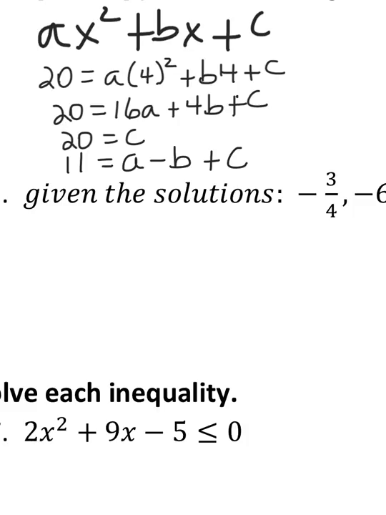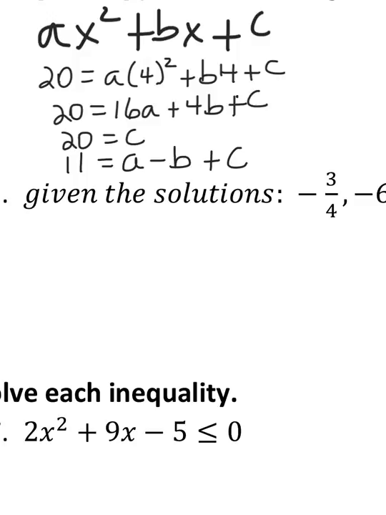All right, for problem number 13, we are creating a standard form quadratic equation from 3 points. And for this one, we use the standard form of the quadratic. We plug the values in for x and y into the quadratic equation.